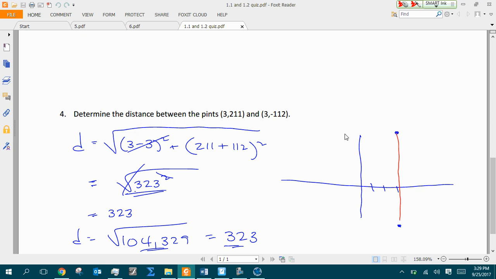All you have to do is find the difference in those two things. So 211 minus negative 112 is 323. That's the distance formula for a vertical or horizontal line. The order doesn't matter because we took the absolute value. All right, 3 points each.